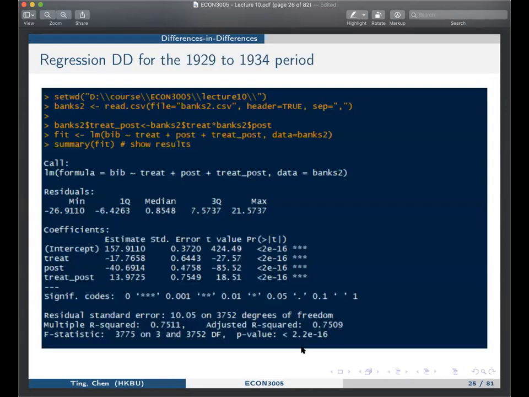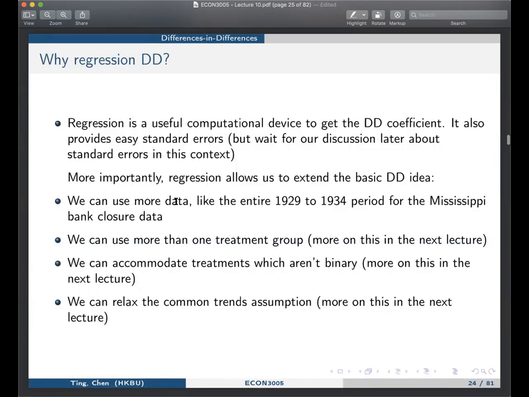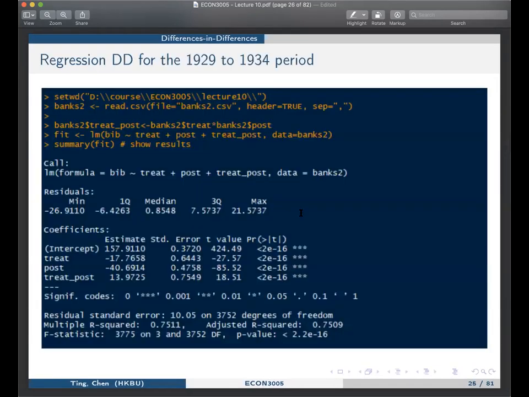So let's look at these cases, maybe with more time periods. So the first advantage, right? Now, suppose other than the 1930 and 1931 data for the two districts, we have the data between 1929 and 1934. Because now we have more degrees of freedom than the number of estimated coefficients, we can actually calculate the standard error and then have the t-test, right?